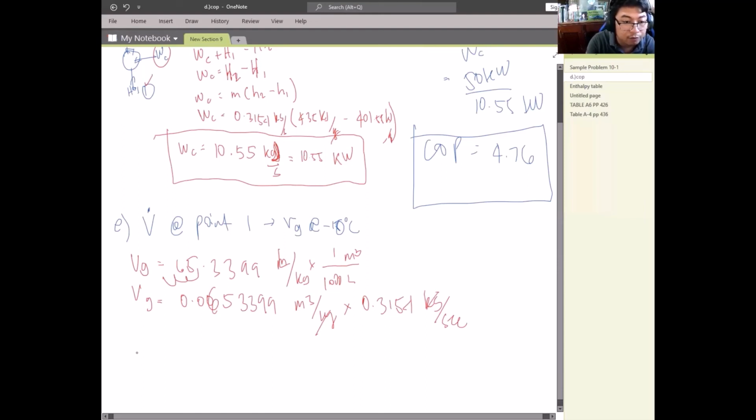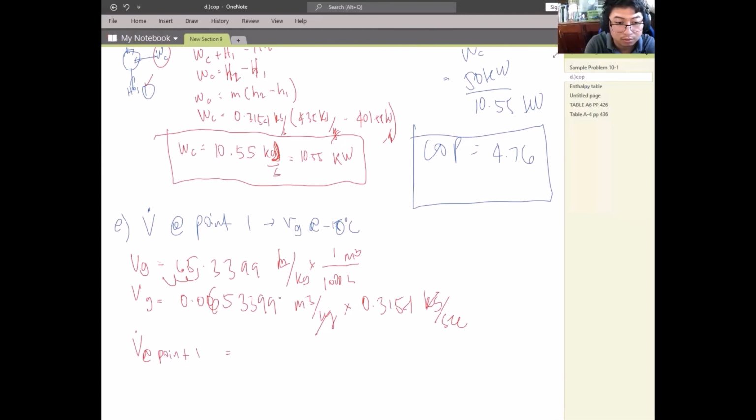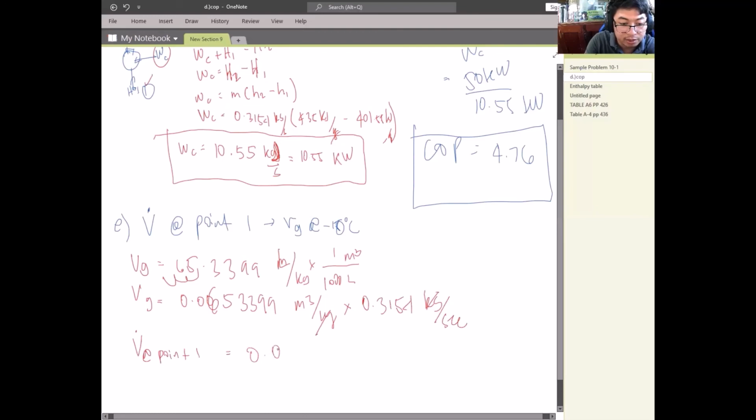So our volume flow rate at compressor suction, or at point 1, is 0.0206 meter cube per second. Okay, so this is our answer for letter E.